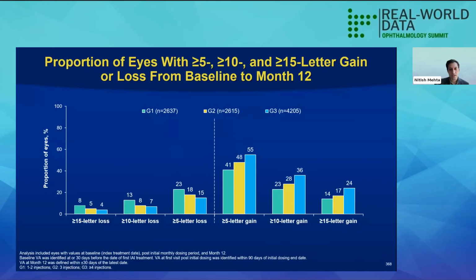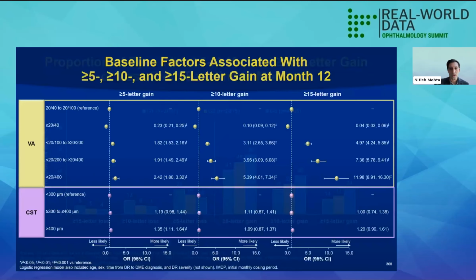The proportion of patients that lost vision in each cohort, 5, 10, and 15 letters lost, were less when they had received more initial treatment. On the converse, in the proportion of gain, 5, 10, and 15 letter gain, the higher proportion of those patients were the ones that received more initial loading doses.